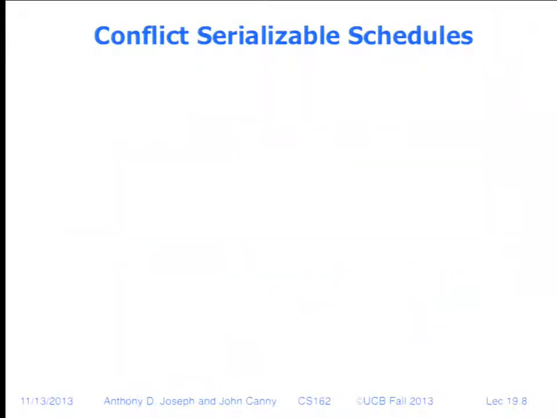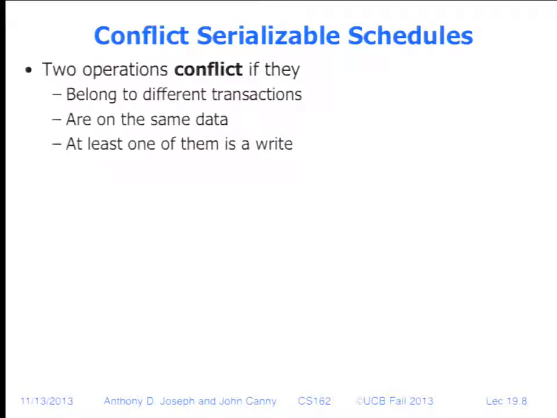And so serializability is a high-level, fairly complex notion, but we broke it down and looked at conflict serializability, which is a simpler notion, which only requires you to look at pairwise interactions between reads and writes. So two operations are conflicting if they belong to different transactions, but they act on the same data item, and at least one of them is a write.